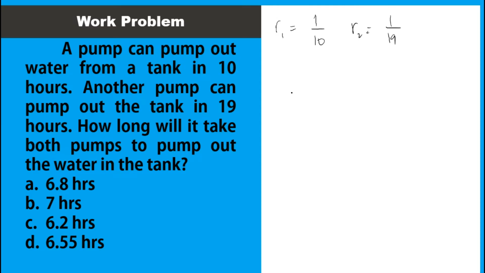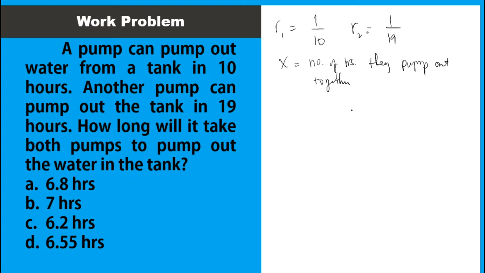If they work together for, let's say, X hours, this is the number of hours they pump out together. You multiply each rate by the time they pump out together, and you add them because they are both doing the job together.